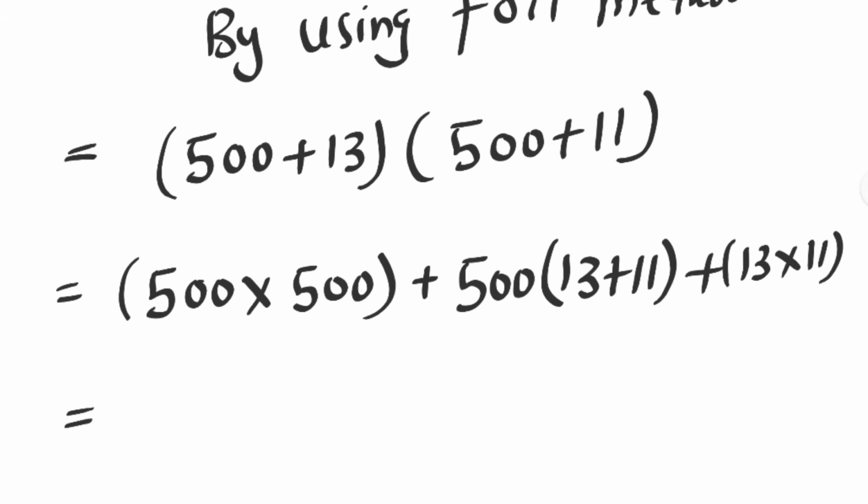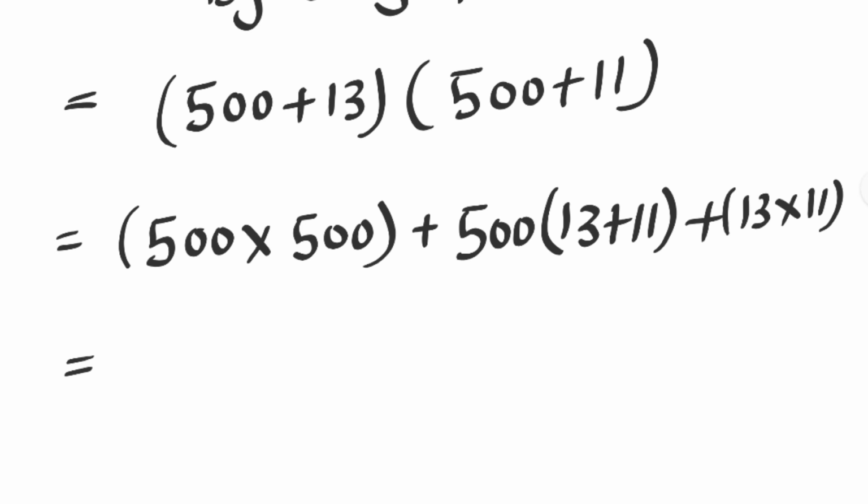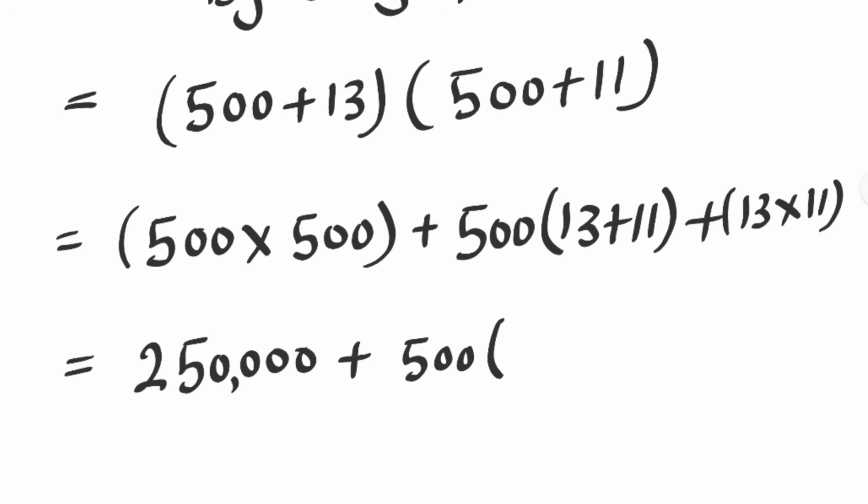This is equal to 500 times 500, then we have 250,000, plus 500 times (13 plus 11), that is 24, plus 13 multiplied by 11, that is 143.